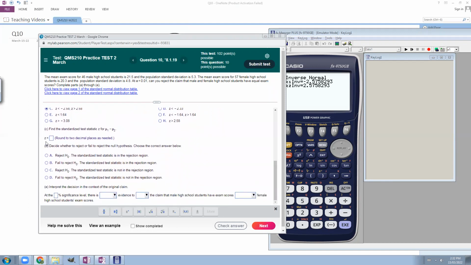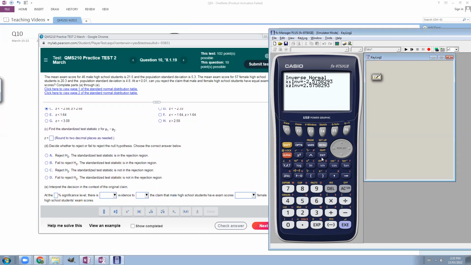And now the next part is based on the actual test. So we're going to go on the calculator, exit out of there. We're going to go test, Z 2-sample. Standard deviation 1 is going to be for males 5.3 and for females 4.8.